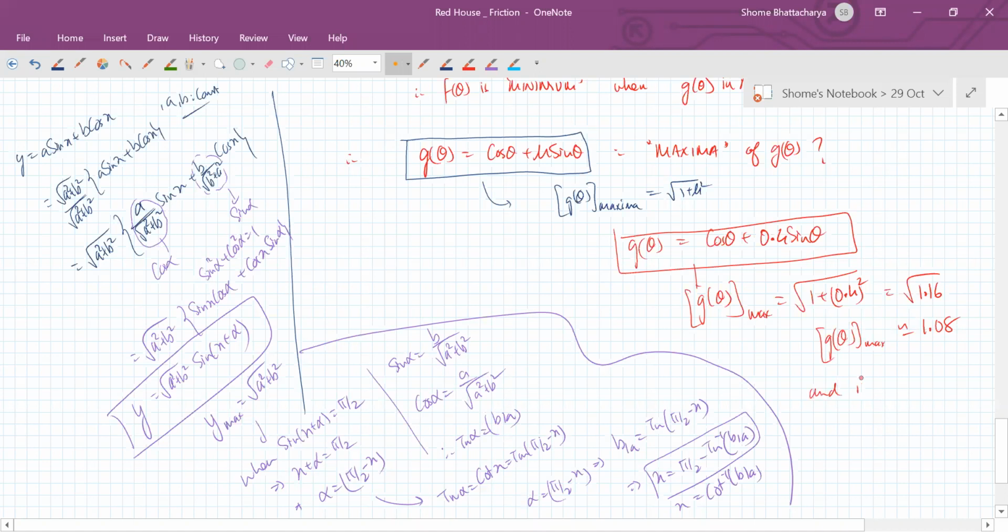And this maxima occurs for theta equal to cot inverse b by a, where b is the coefficient of cos and a is the coefficient of sine. So 1 upon 0.4, or theta equal to cot inverse of 2.5.